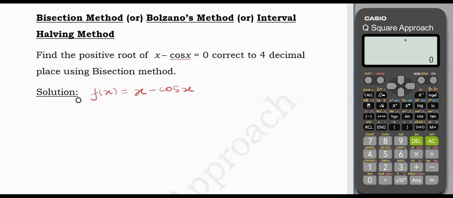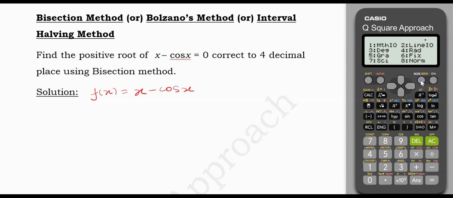The given function f of x contains cos x, so we have to set radian in the calculator. Now see the calculator. Press shift button, then press mode button. Now select 4 to set radian.